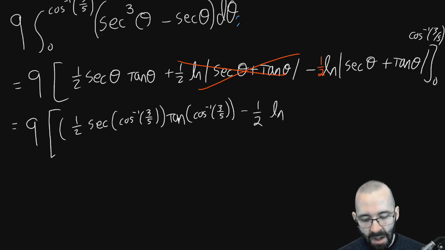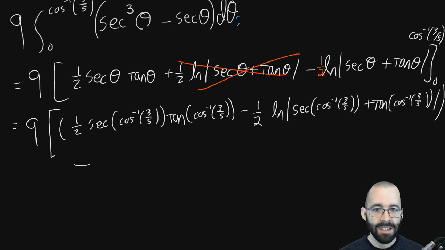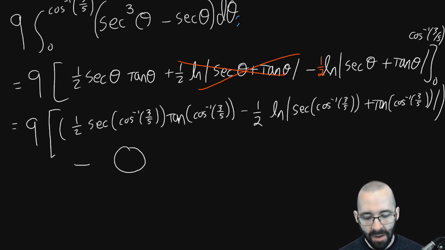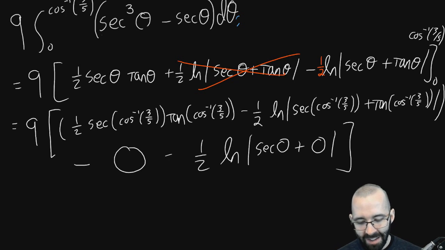Minus 1/2 the natural log of secant of inverse cosine of 3/5 plus tangent of inverse cosine of 3/5. So that's the first part, minus what happens when we plug in 0, which will be even better. When we plug in 0, that's just 0 because tangent of 0 is 0. Minus 1/2 the natural log of secant of 0, and again tangent of 0 is 0. Okay, it's not as bad as it could be.